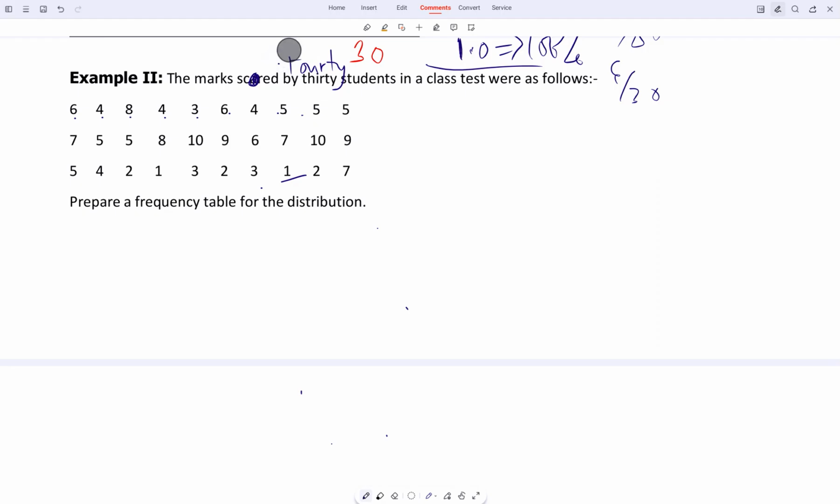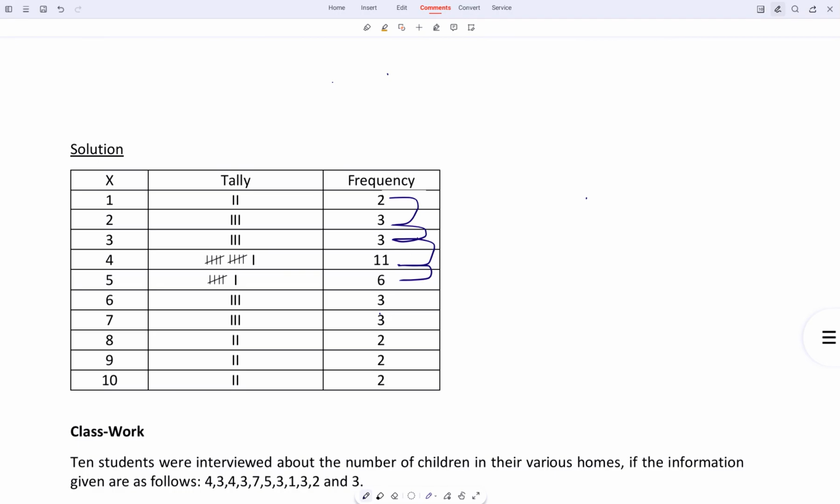Do you understand that now? This is 40 students, because if you add everything here together, you will get 40.